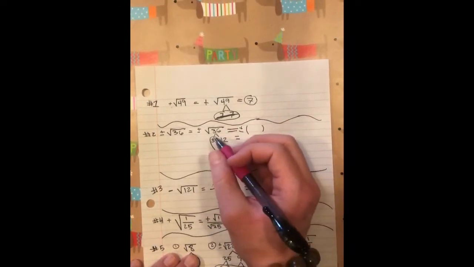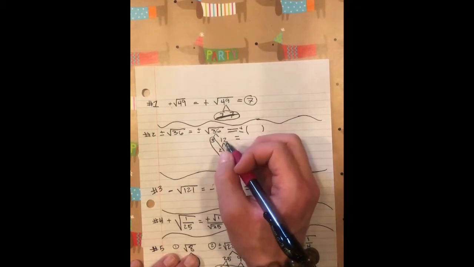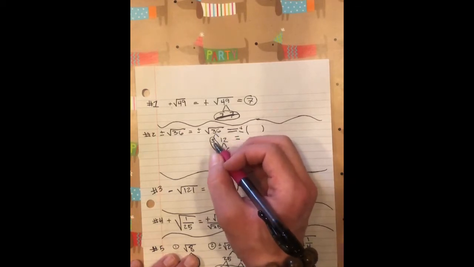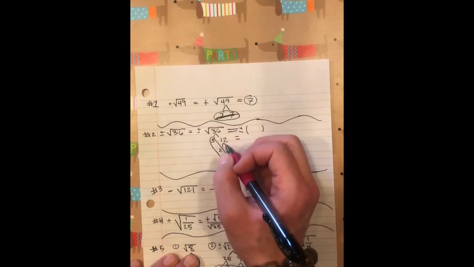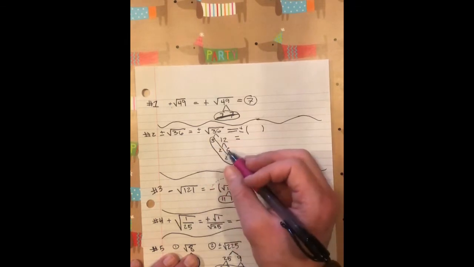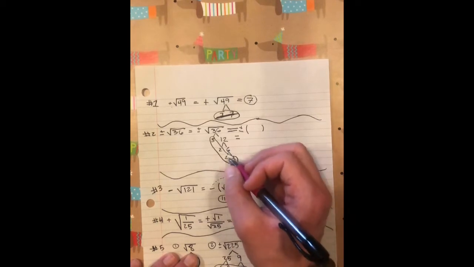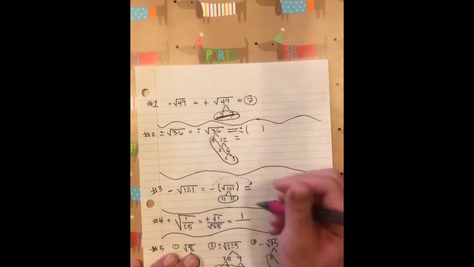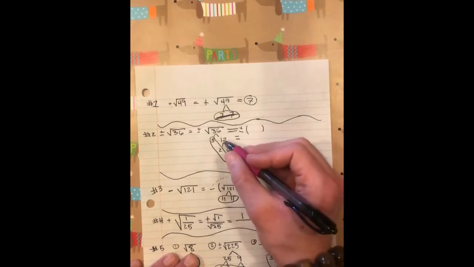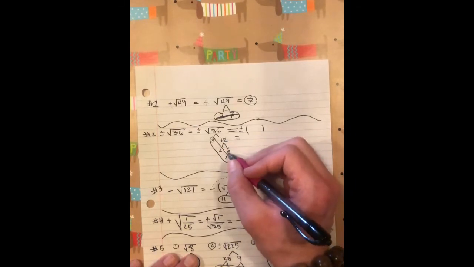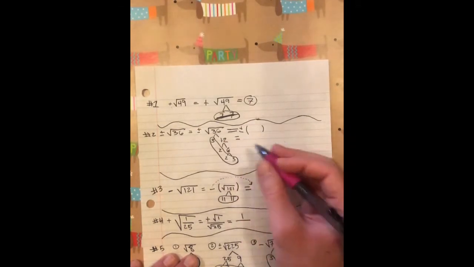Break it to what you know. So I broke it to 3 and 12. 3 times 12 is 36, right? And I can't break 3 any further. So then I go to 12, and I break 12, 2 and 6. And then I break 6, 2 and 3. And then I circled all of the smallest numbers that I could have. Once I broke these numbers, they do not matter anymore, right? So don't worry about them.